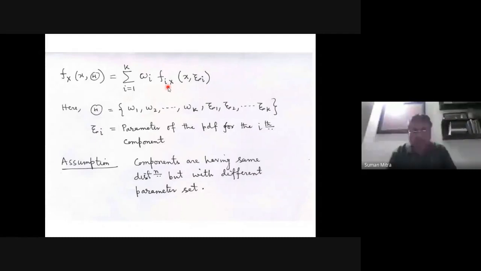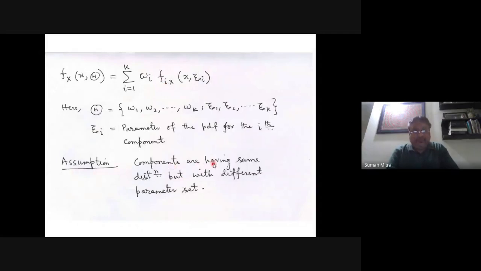No. If we say this is a mixture model, then all distributions are the same, either Gaussian or exponential or gamma or t or F, whatever. If it is multivariate, all are multivariate Gaussian or all are multivariate Wishart, etc. So this assumption is very important.